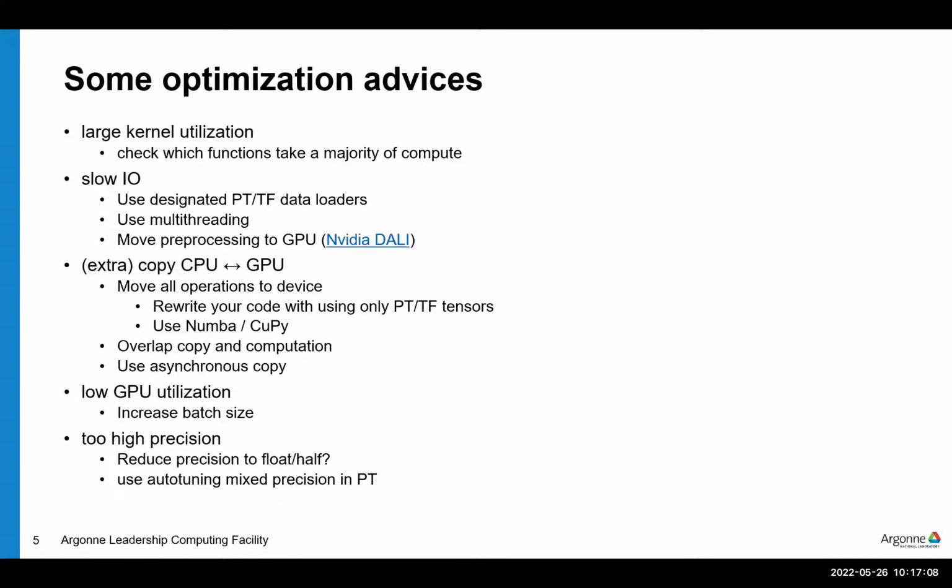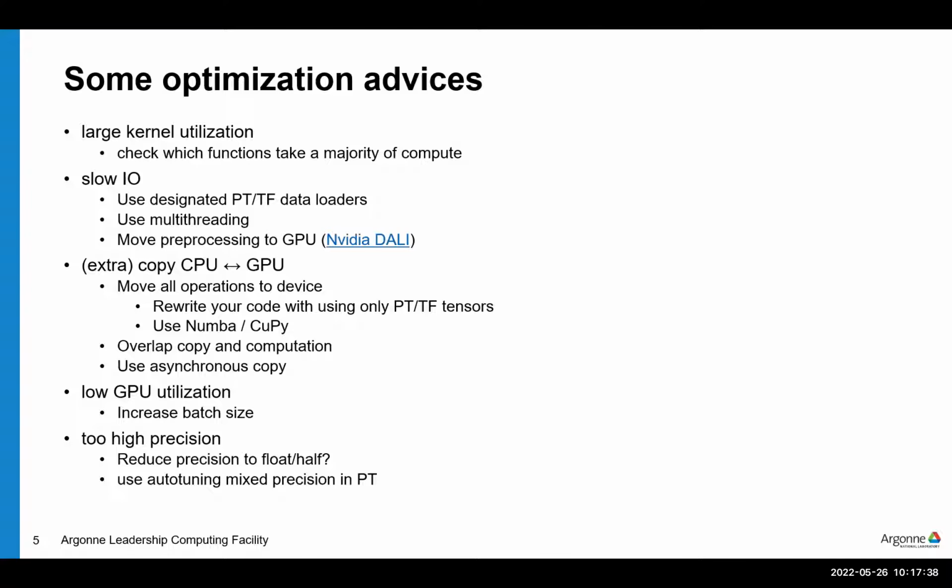Low GPU utilization can also be a problem, and it's easily solvable by increasing batch size. And finally, using too high precision for your problem may also result in low performance. We know that GPUs are designed with Tensor core units, and GPUs work much faster in reduced precision.